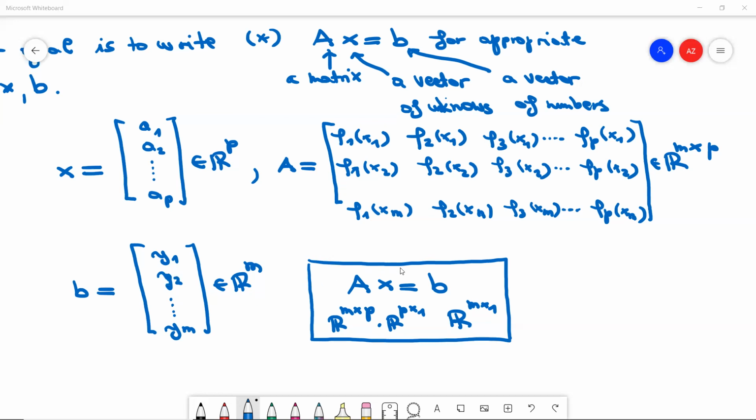And we got this linear system AX equals B, and note that this A doesn't need to be a square matrix, but it's a rectangular matrix with M rows corresponding to the number of equations and P columns corresponding to the number of parameters.